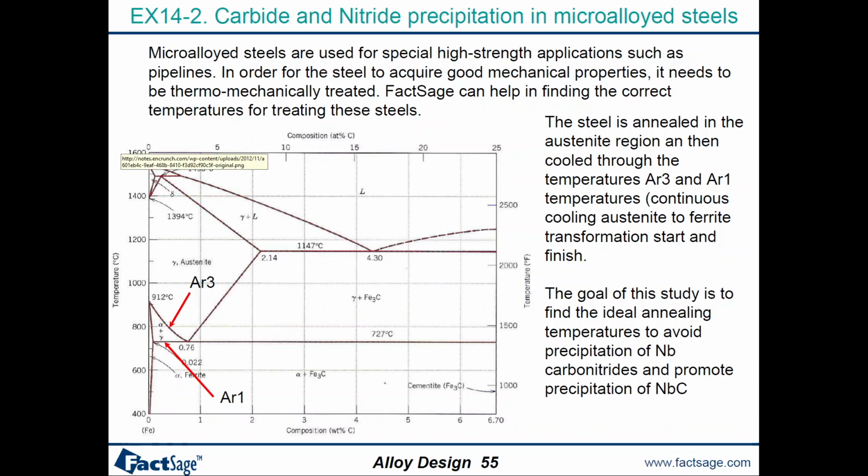For this thermomechanical treatment, the steel is annealed in the austenite region and then continuous cooled from austenite to ferrite region, and this corresponds to the Ar3 and Ar1 temperature. The Ar3 temperature corresponds to the ferrite transformation start, and Ar1 temperature corresponds to ferrite transformation finish temperature.